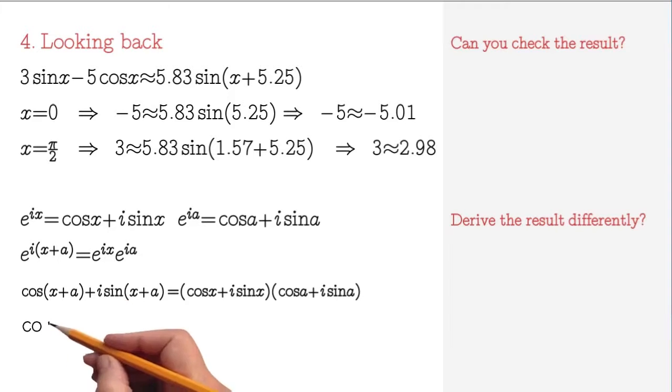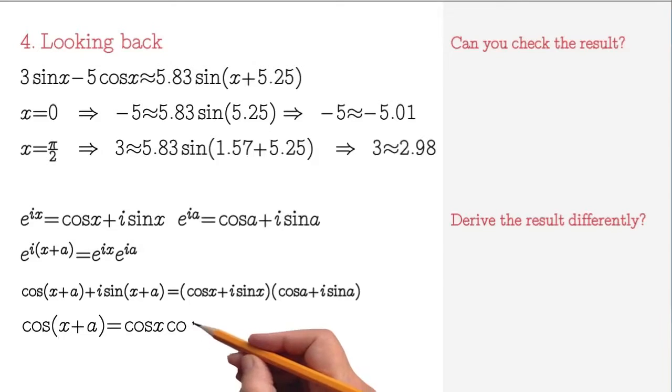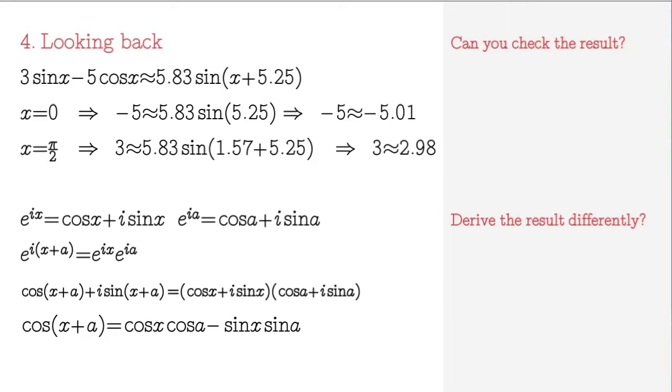The real part gives the formula for the cosine of the sum of two angles, and the imaginary part gives the formula for the sine of the sum of two angles. And as you remember, this is the same formula that we derived earlier.